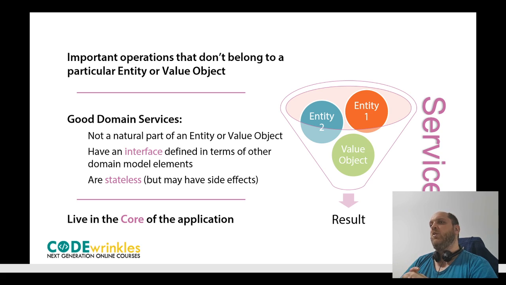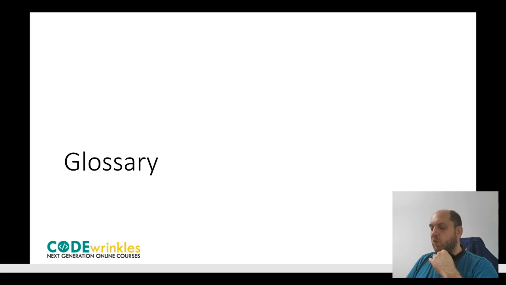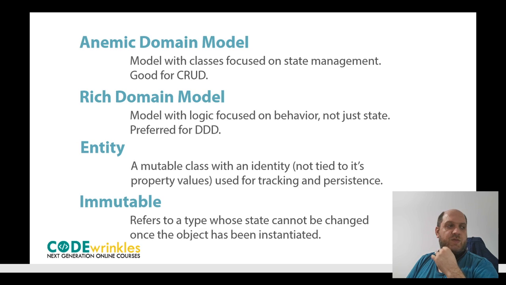In this case, we need a service that would synchronize the information from the different entities and value objects, and then work out the result between them. This is the way we should look at domain services.